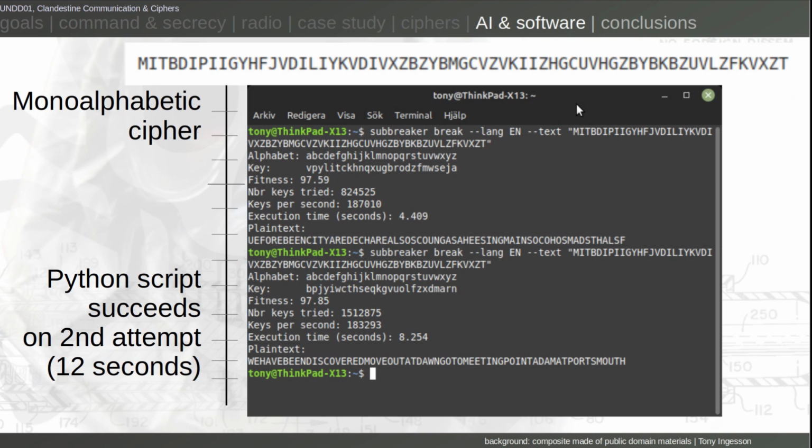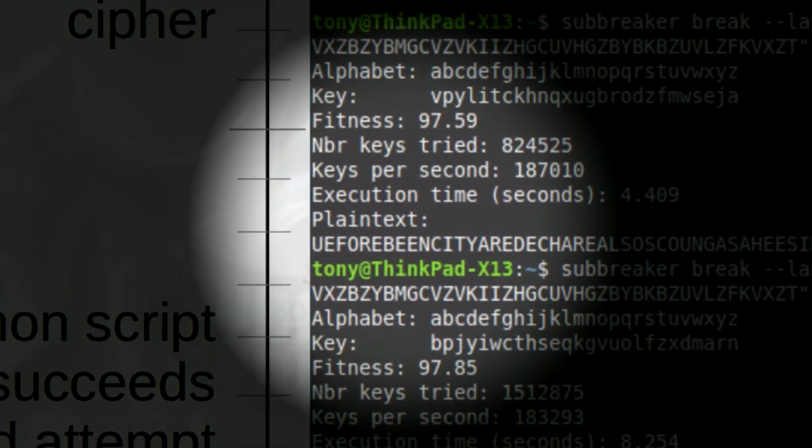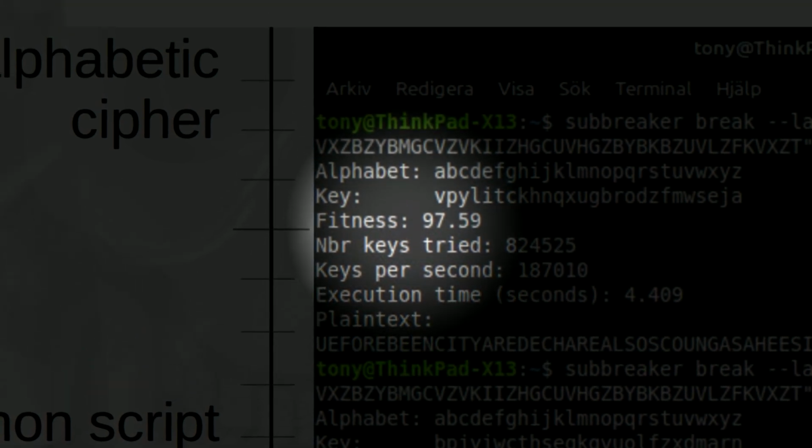And here it offers a fitness score, which is something that allows you to see how good a guess this script arrived at. So fitness score 97.59 means that this is how many potential real words this string matches.